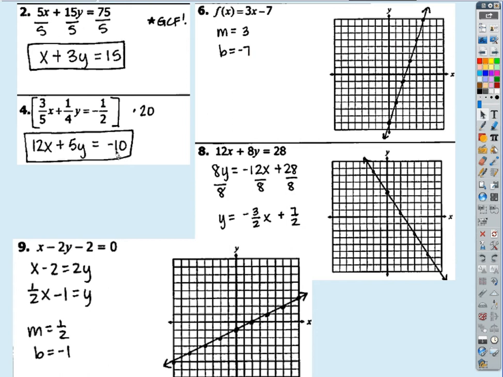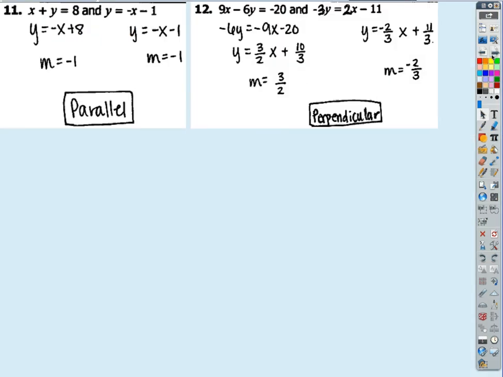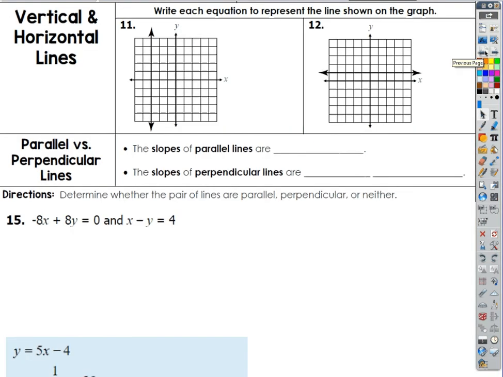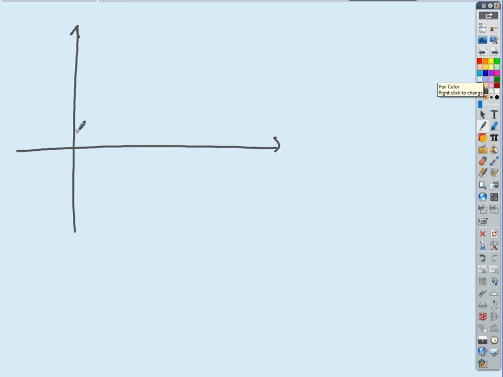Let's take a look at an example. I'm just going to take a random line. Don't say it out loud, but see if you can tell me what the equation of this line is.